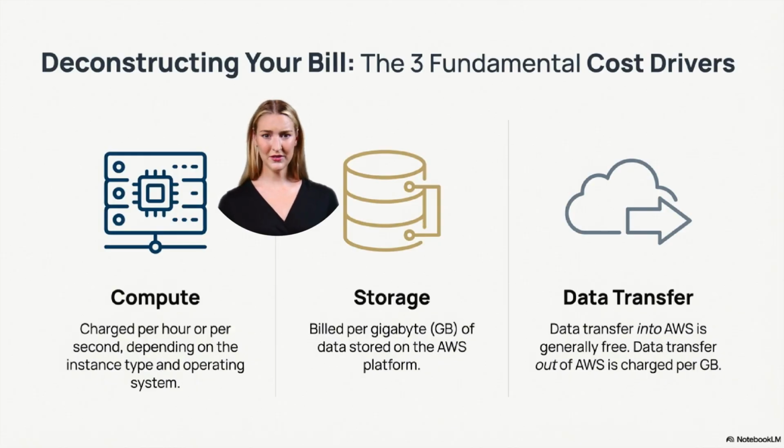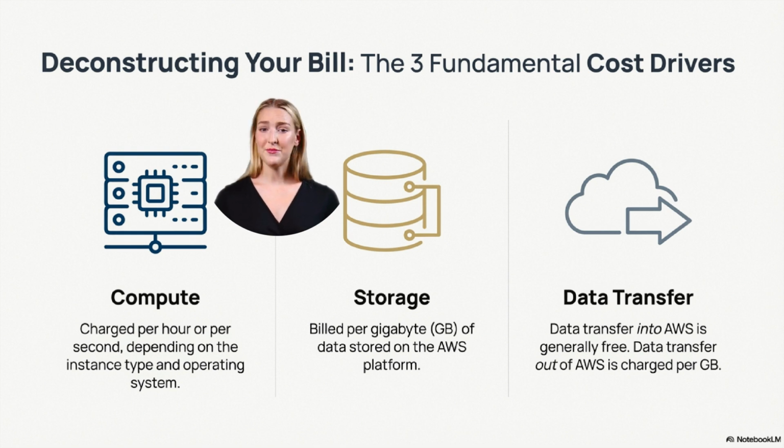There are three fundamental cost drivers in the AWS cloud that you need to be able to identify for the exam. 1. Compute. This is typically charged per hour or even per second, depending on the specific instance type you choose and the operating system you are running. 2. Storage. Unlike compute, which is about processing time, storage is generally billed per gigabyte, GB, of data stored on the AWS platform. 3.